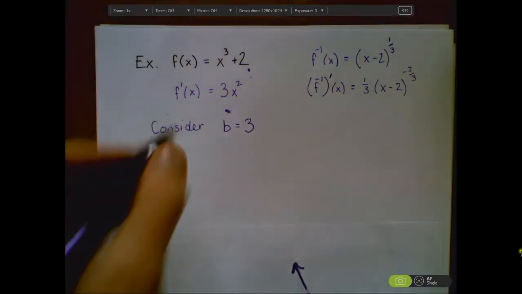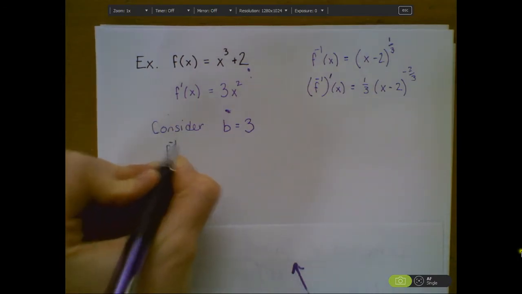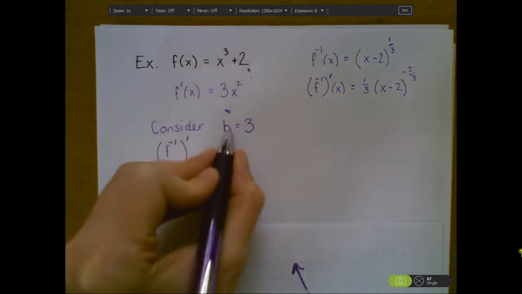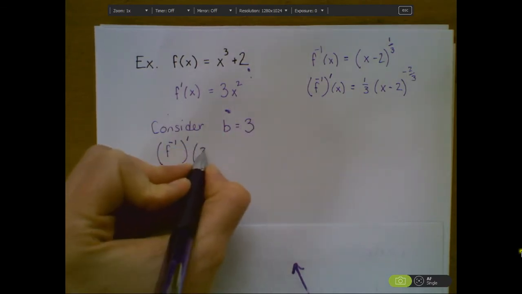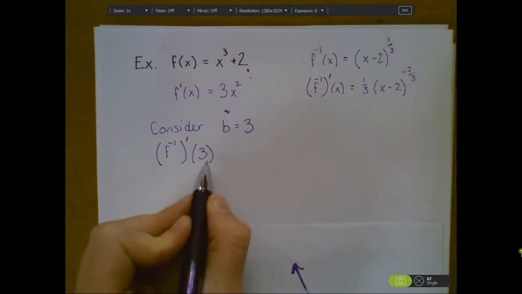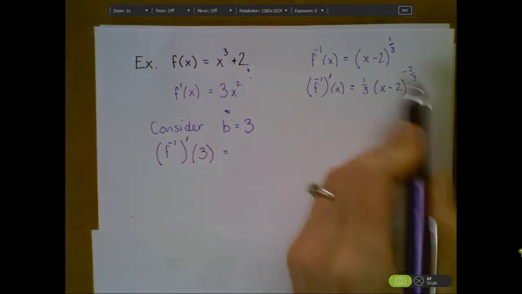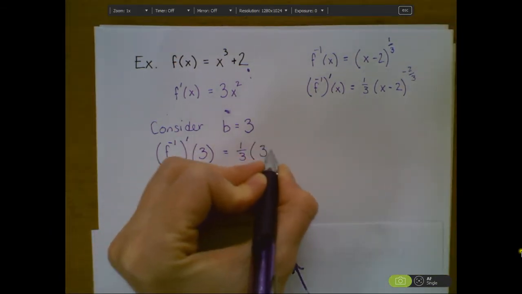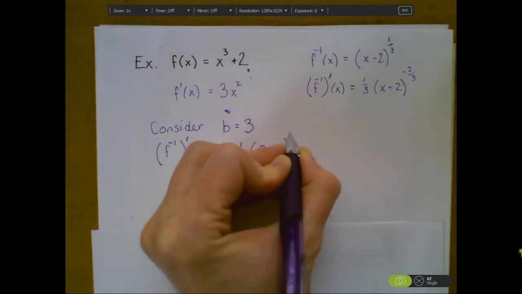So I want to know what is the derivative of my inverse function when my b value is equal to 3. Well, algebraically, this tells me it's going to be 1/3 times (3 minus 2) to the negative 2/3.